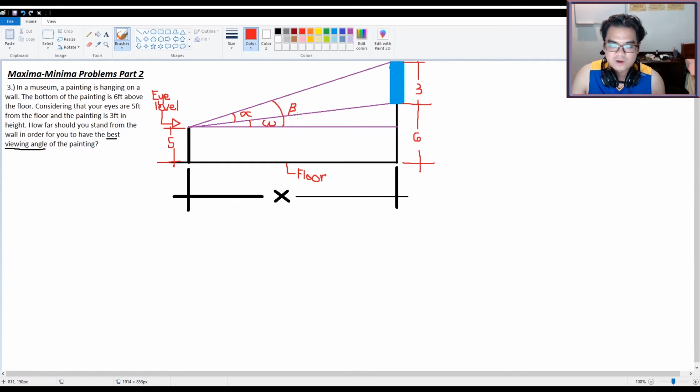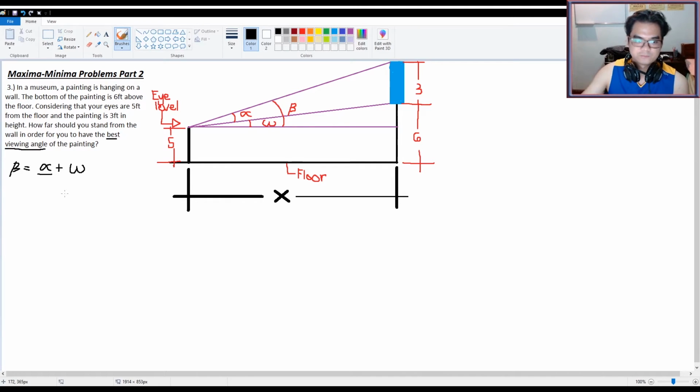So from this, you have beta, alpha, and omega. Okay, so let's try to solve for this one. From the figure, it's obvious that your beta must be equal to alpha plus omega, right? But alpha must be maximized.